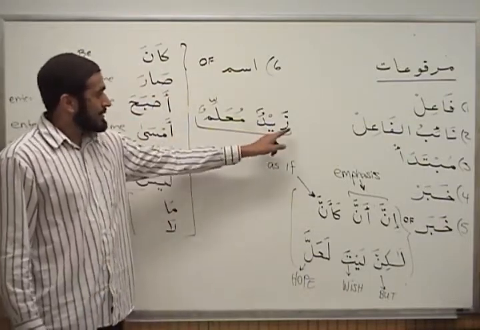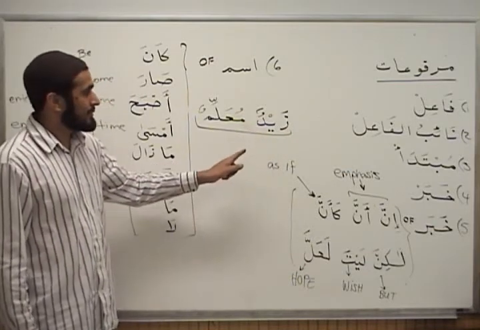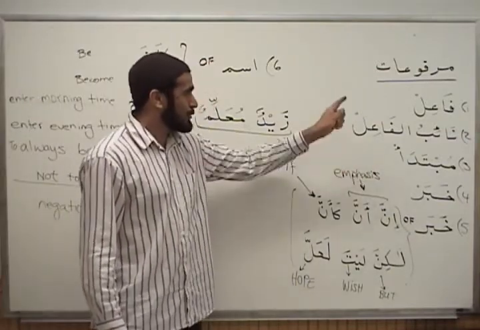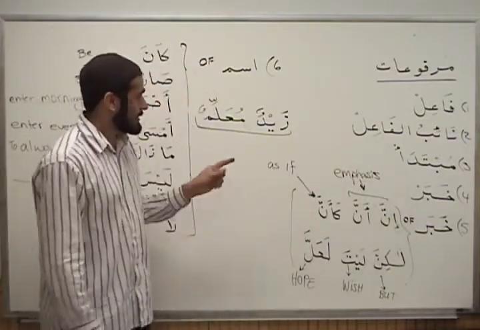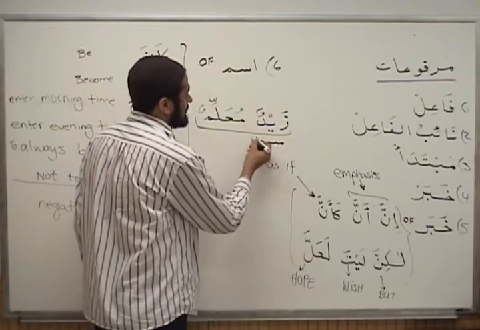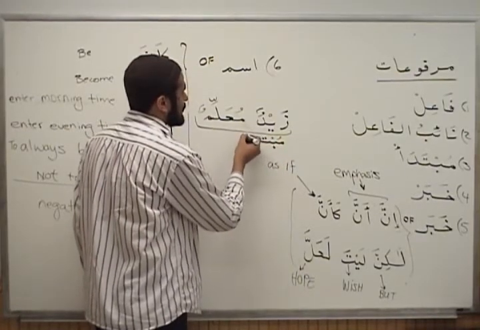So the ism that it begins with is called mubtada, and that's going to be marfu'. That's also one of the marfu'at. So here Zayd is the mubtada.